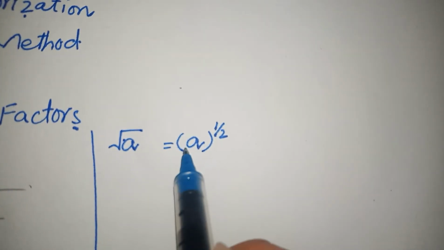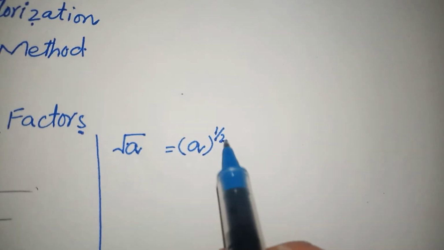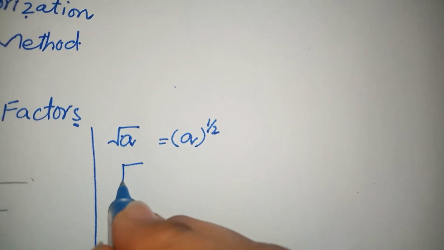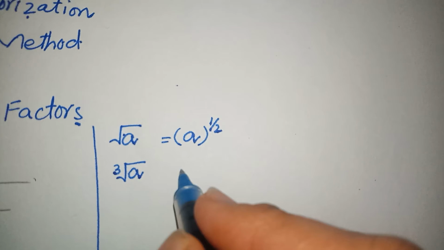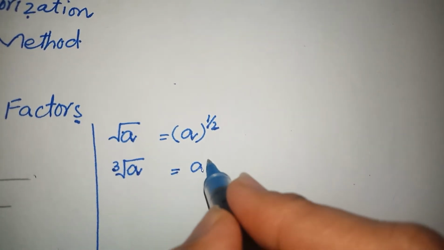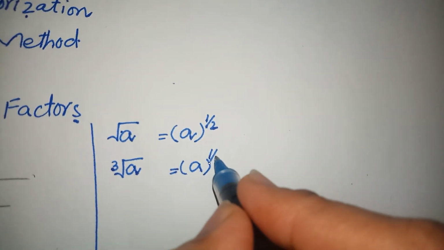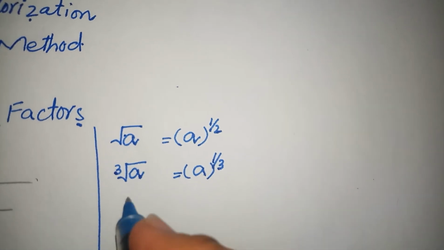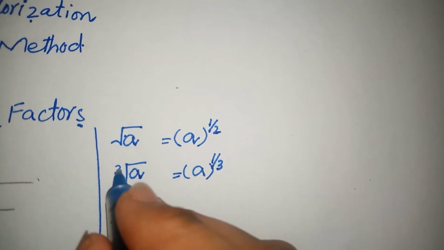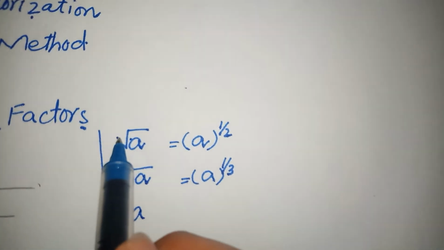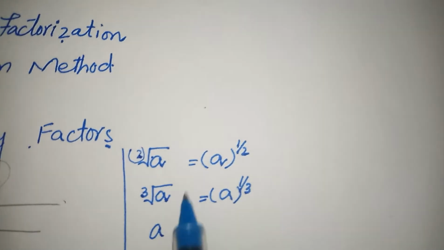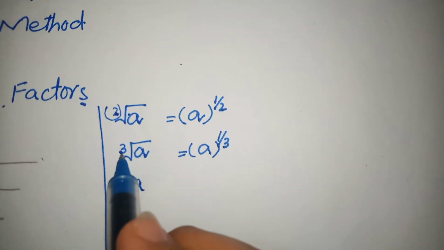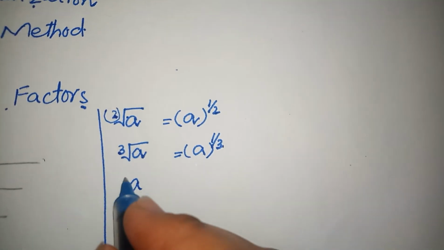If the index is 3, it has a power 1 by 3, and that is a cube root.